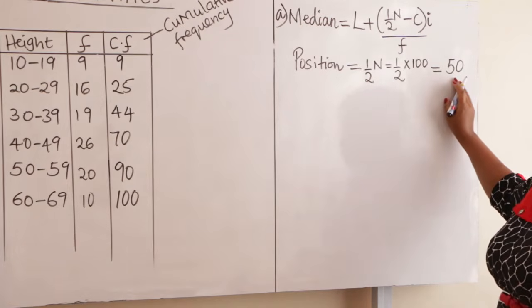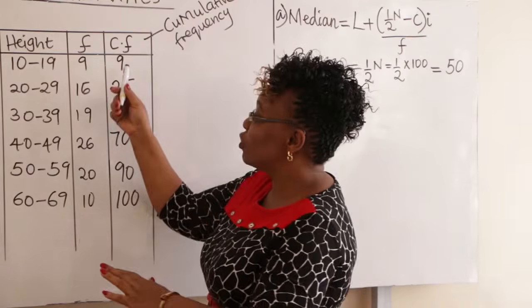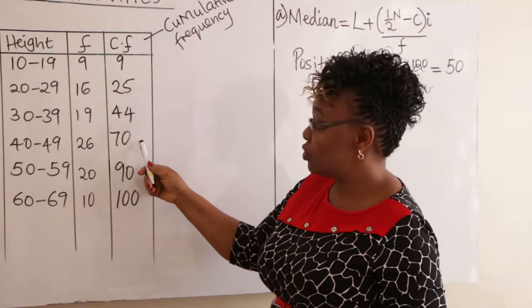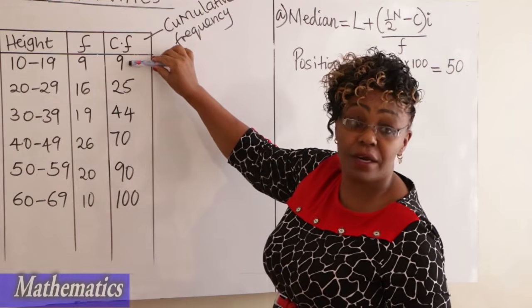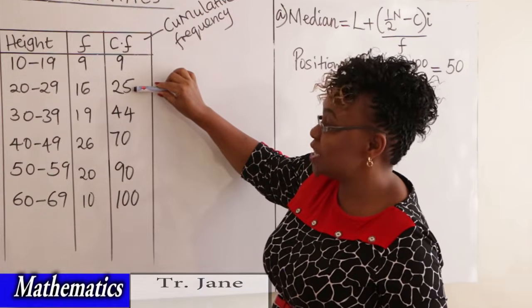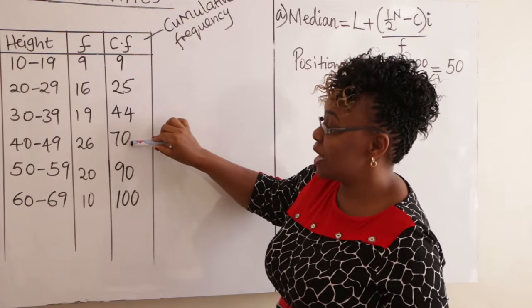So you come with this 50 to your cumulative frequency column, and you identify where your 50 will fall. This is 9, this is 25, this is 44. So your 50 falls here.